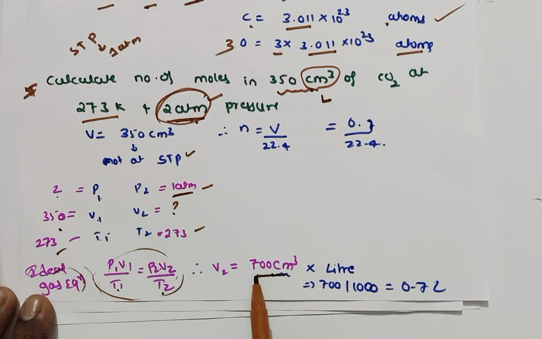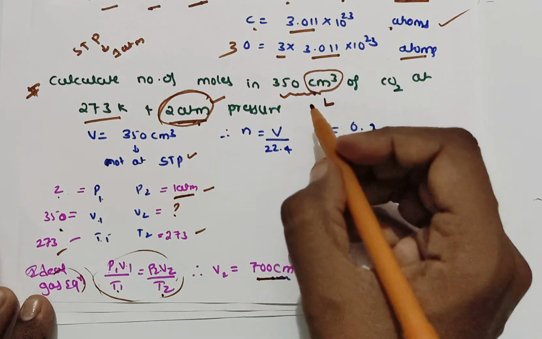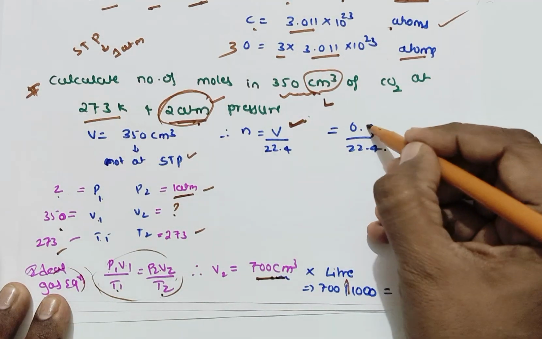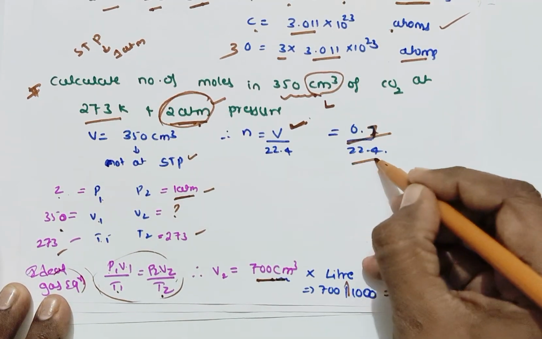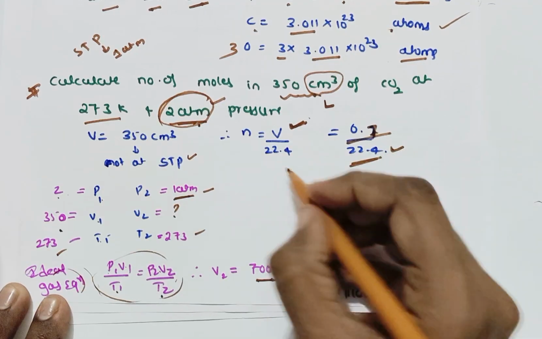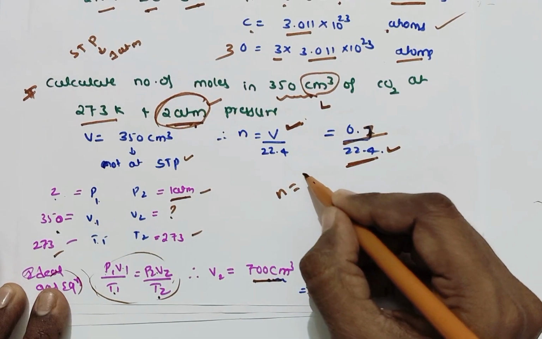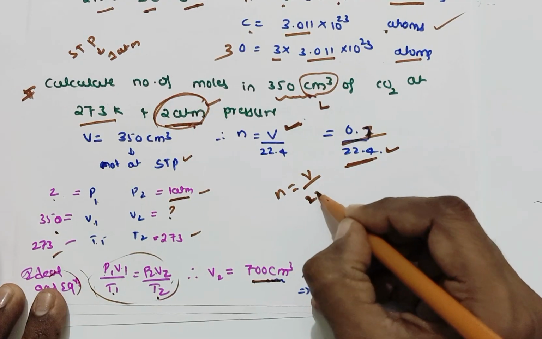This is not in liters, therefore we convert it into liters. 700 divided by 1000 equals 0.7 liter. Now finally we get the volume of gas at STP, that is 0.7 liter, divided by 22.4. Why? Because the formula for calculating the number of moles is given volume divided by 22.4.